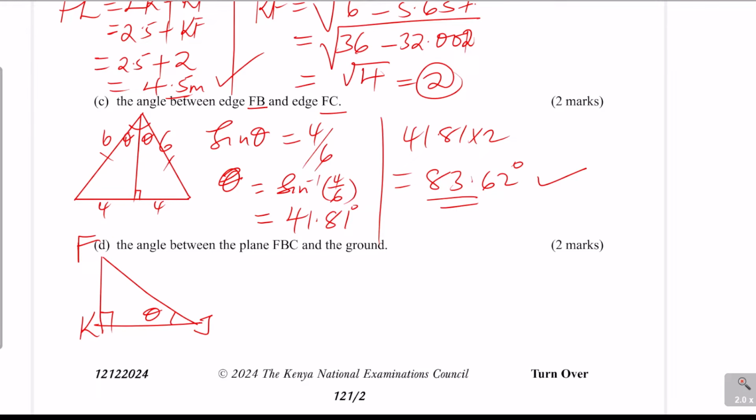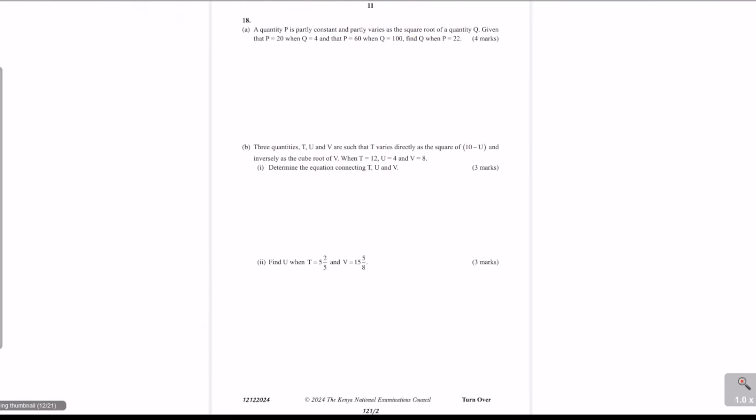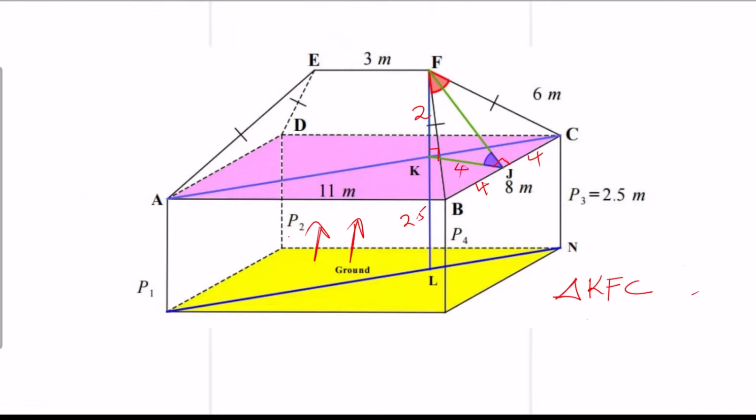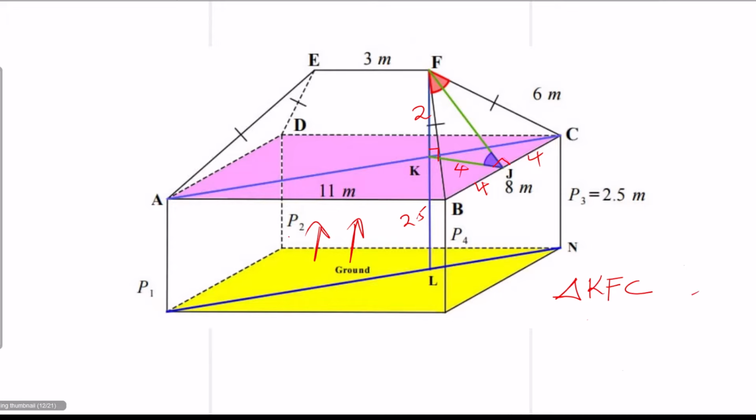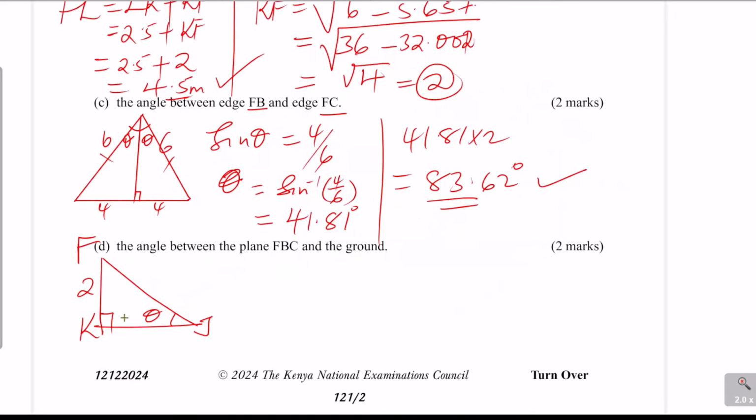You simply indicate all the measurements. The measurements we already have: FK is 2, and KJ is 4. With those two we can get that angle.